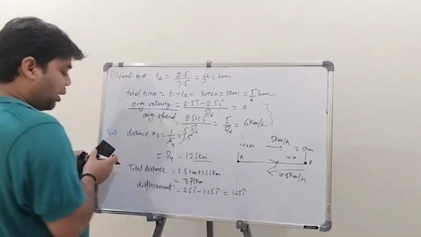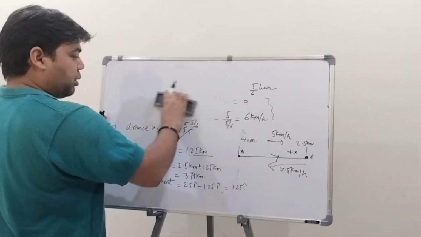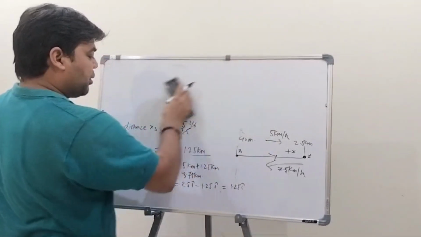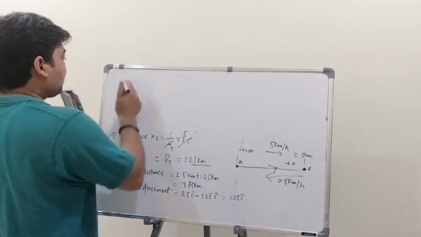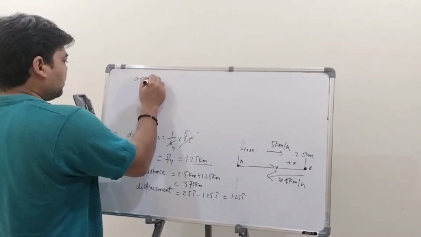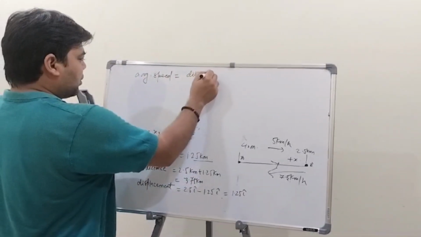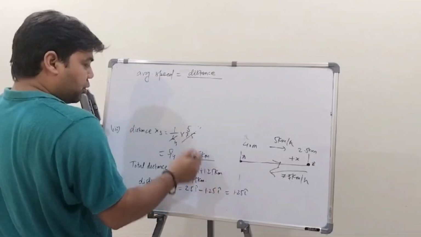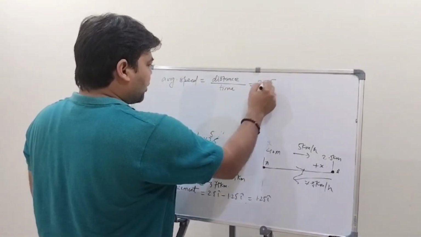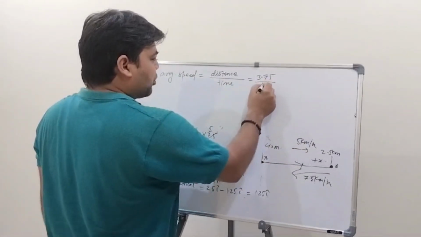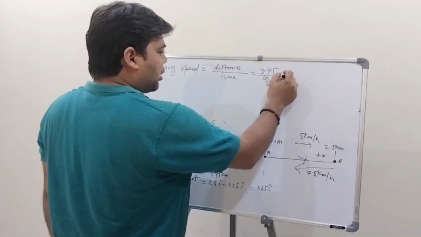Now let us calculate the average speed and average velocity. So average speed is what? Average speed will be simply distance divided by time. Distance is 3.75 kilometer divided by 40 minutes, which is 4 by 6 or 2 by 3 hour.